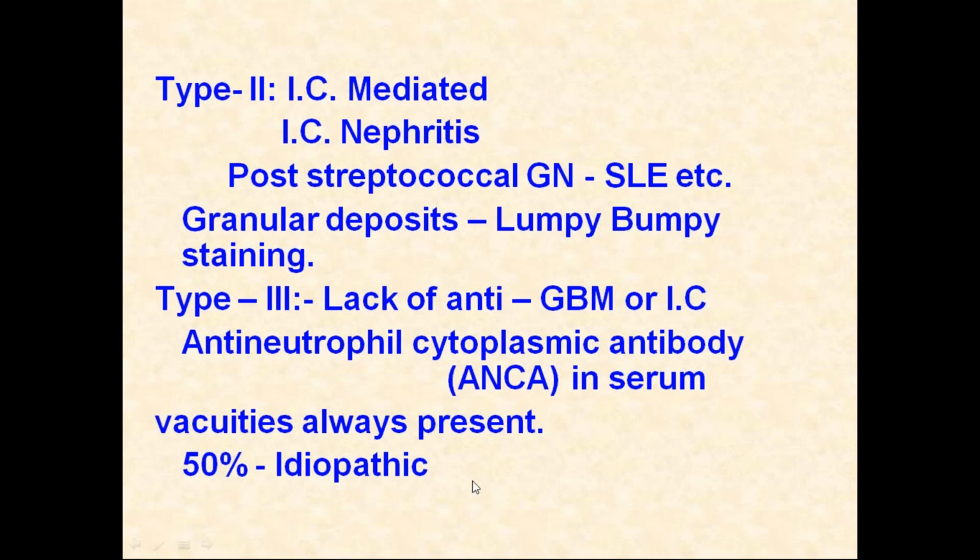What you have is anti-neutrophilic cytoplasmic antibody in the serum, or ANCA, similar to Wegener granulomatosis. This usually presents with vasculitis, and in 50% of cases it is idiopathic.